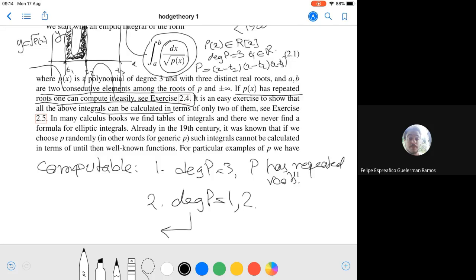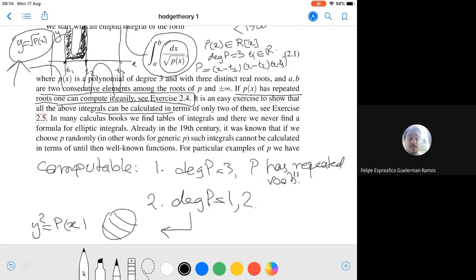The curve that you have at the end, I had y equal to the square root of p(x), and then I take the square of both sides and I will get this one. The idea of this computability in algebraic geometry leads to the fact that this is actually a rational curve. Actually, its topology is a sphere.